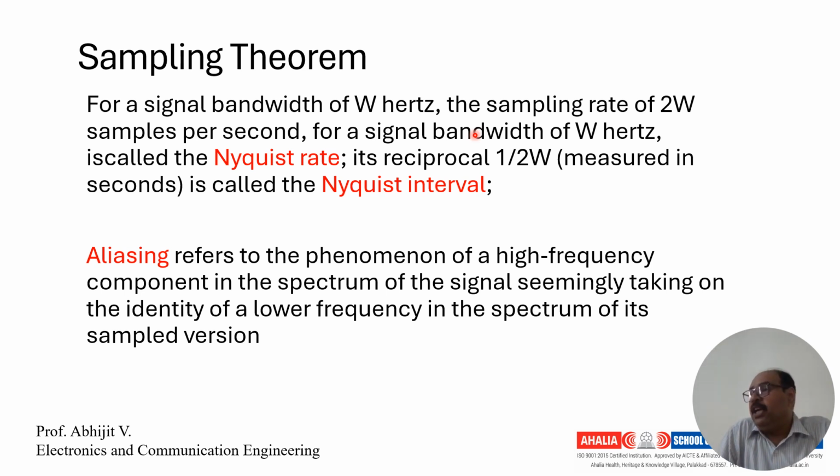What is meant by aliasing? Aliasing is the phenomenon in which a high frequency component in the spectrum of the signal is given the identity of another, lower frequency component within the spectrum when it is sampled. So if you have a sampled output, after the process of sampling, the high frequency component is linked with a lower frequency component.